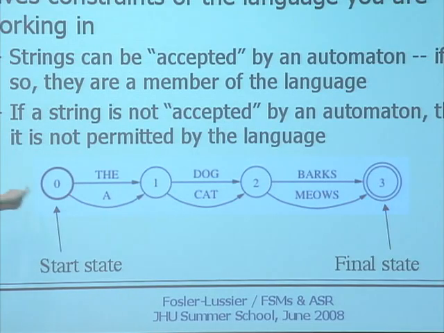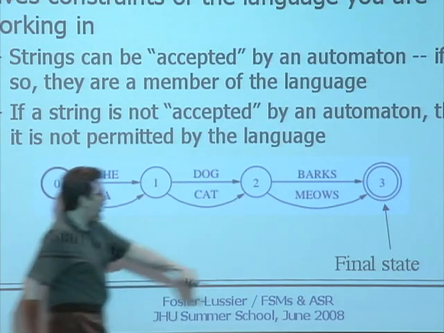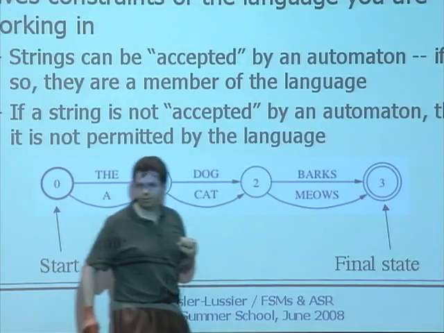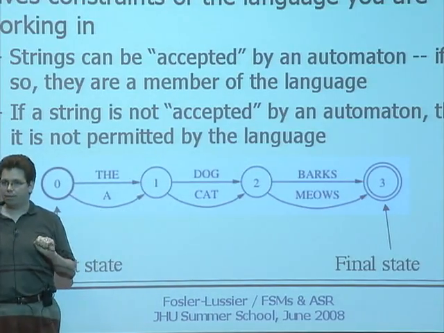In the notational convention, a dark circle will indicate my initial state. Sometimes in automata books, you'll also see this with a little in arrow. Any ringed state will be a final state. That means you're allowed to stop there.